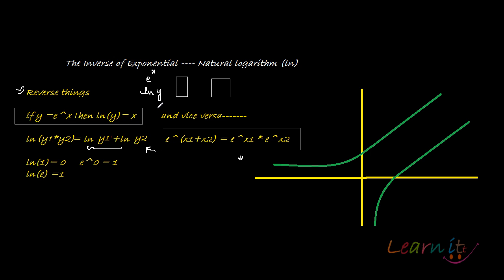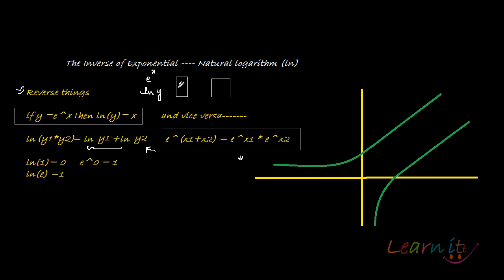Here, your domain is now turning into codomain, and codomain is now turning into domain or range. Domain is turning into range, range is turning into domain. So, it's an inverse function. So, ln and e^x are inverse functions.